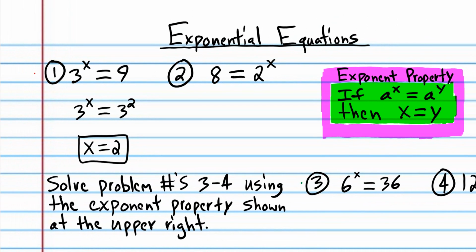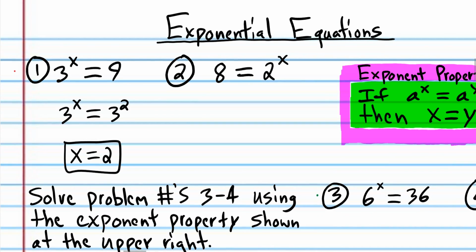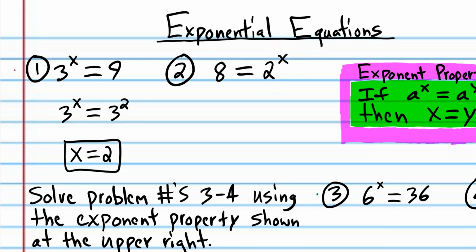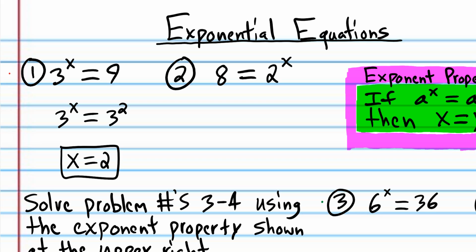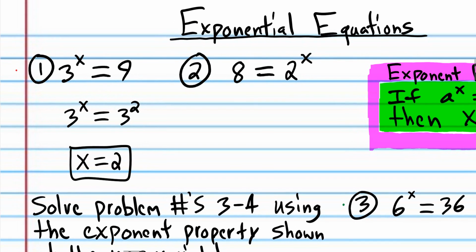So I'm going to use that principle again over here. We know that x is going to be 3, but to get used to that principle, I'm going to try to get the same base. That's what we're trying to do here: write expressions on both sides of the equation that have the same base. So I'm going to change 8 to 2 to the third power.